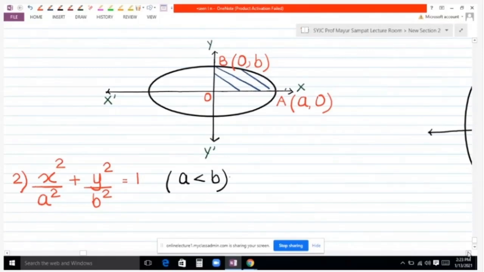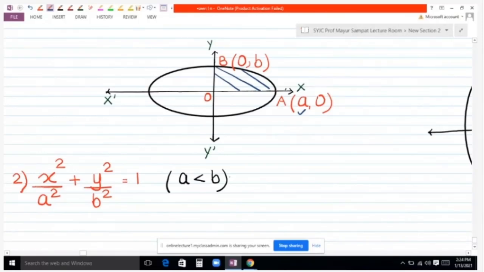The x coordinate of that point is called the x-intercept. Always remember that the x-intercept is always formed on the x axis, and the y-intercept is always formed on the y axis.